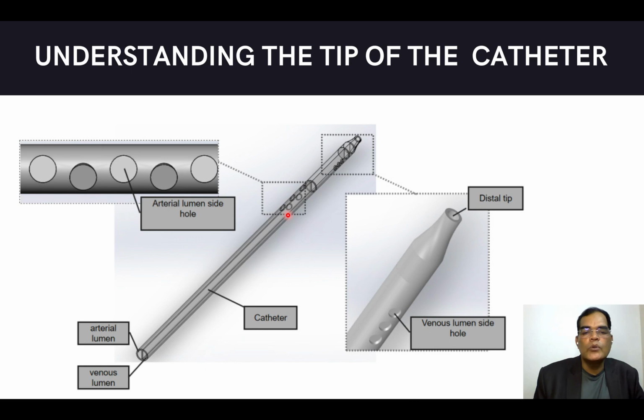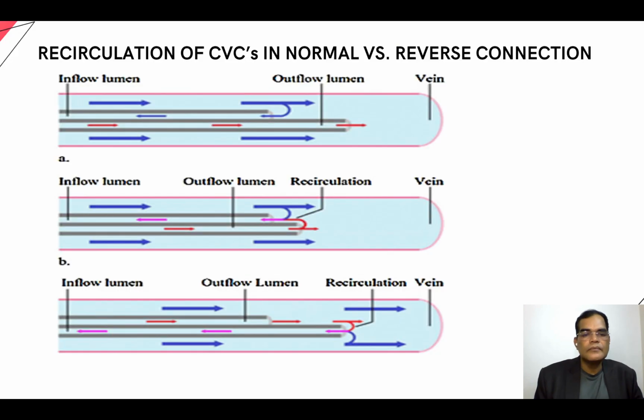These are the arterial lumens where blood is sucked into the extracorporeal system, into the dialysis set, and blood will be returned back through these lumens towards the tip and the side of the distal tip. So this will be the venous lumen. If you have a good understanding, then you will understand the next slide.